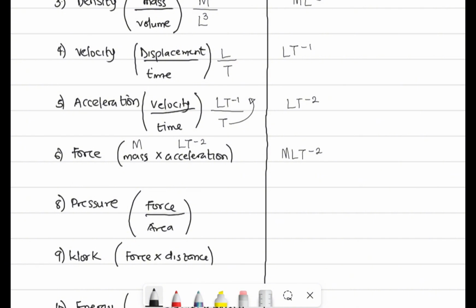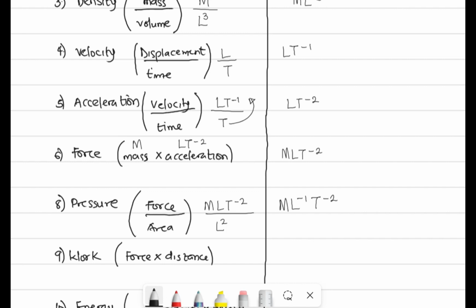And force is giving us M L T minus 2 with area L square. We just did area as our first dimension we look for. And so this L square moves upward, it becomes L minus 2, and there's an L before. So that will give us M L minus 1 T minus 2.